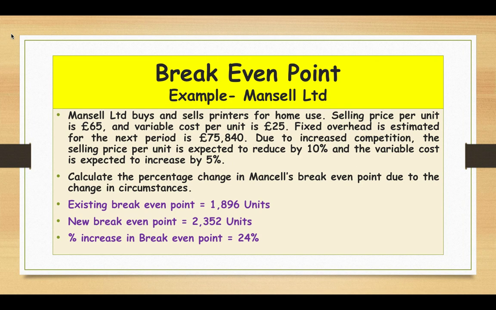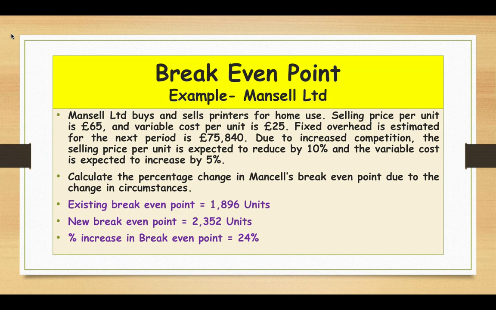In this example, we are going to see what will happen to the break-even point when the selling price and the variable cost changes. So the example is called the Mancell Limited. So we'll read the question. Mancell Limited buys and sells printers for home use. Selling price per unit is £65 and the variable cost per unit is £25.